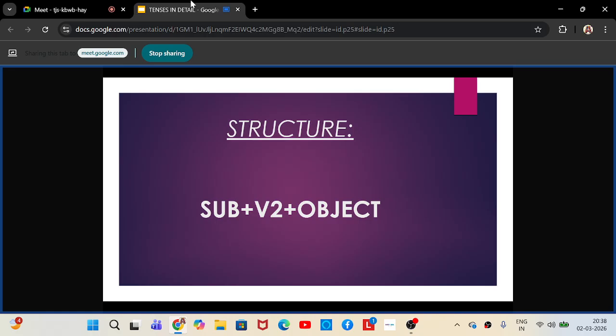So simple past tense is basically used when you want to narrate something that already happened in the past. Most of the stories that we studied are in the simple past tense. Similarly, while sharing your experiences, when you're writing diaries, you will mostly be using simple past tense.